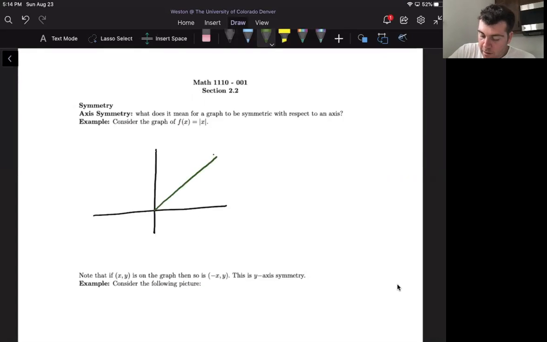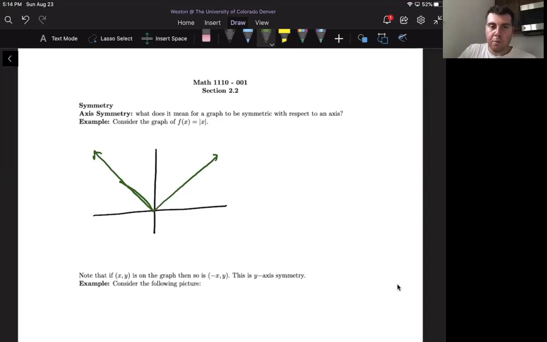Hopefully, most people remember that it just looks like a V shape. Since on the right-hand side, when we plug in x, we just get back x. On the left-hand side, when we plug in a negative value of x, it just gets flipped up to the positive value.